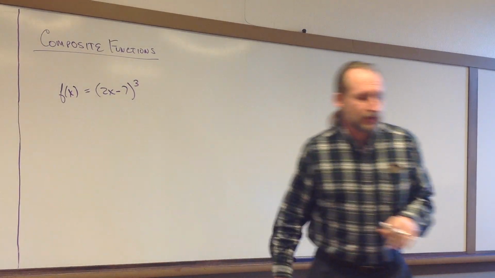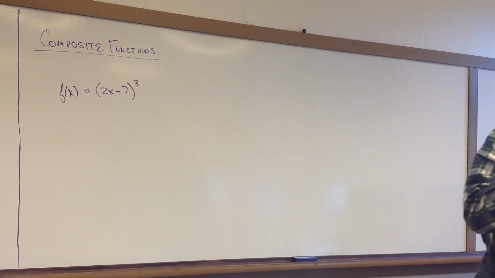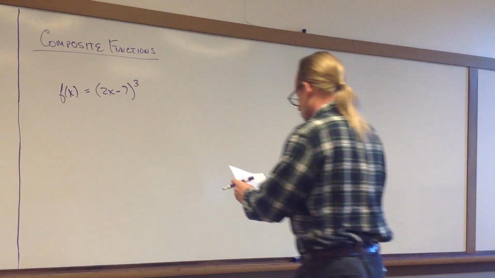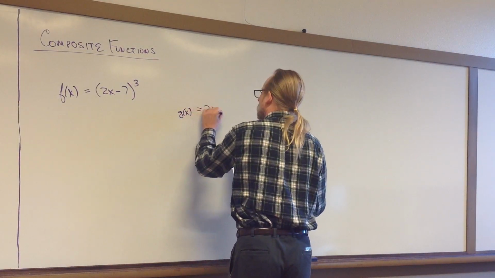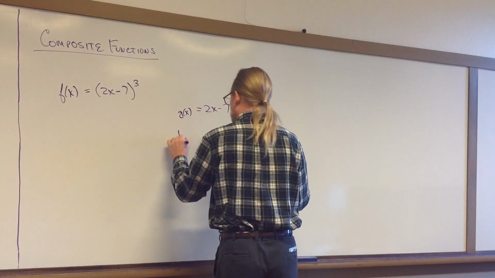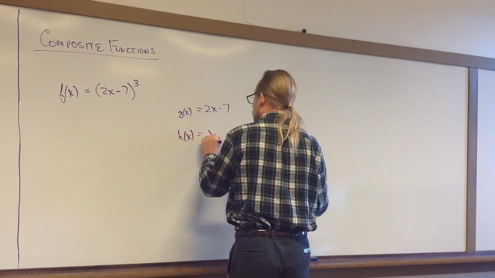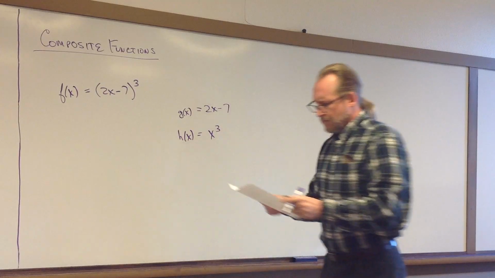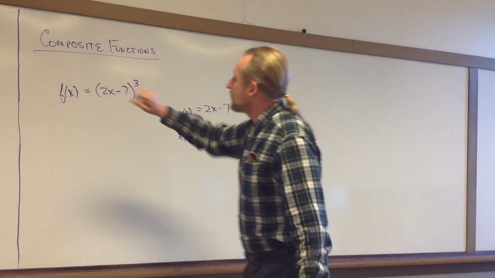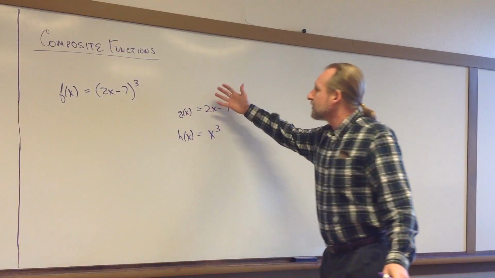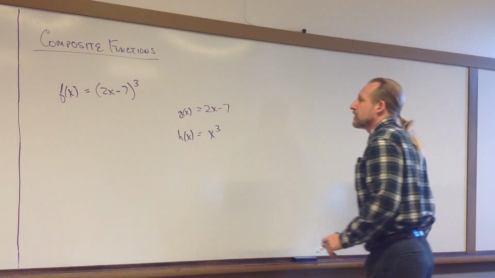Let's say we've got two separate functions: g of x as 2x minus 7 and h of x as x cubed. Then you can think of our original function f as a composition of these two functions.